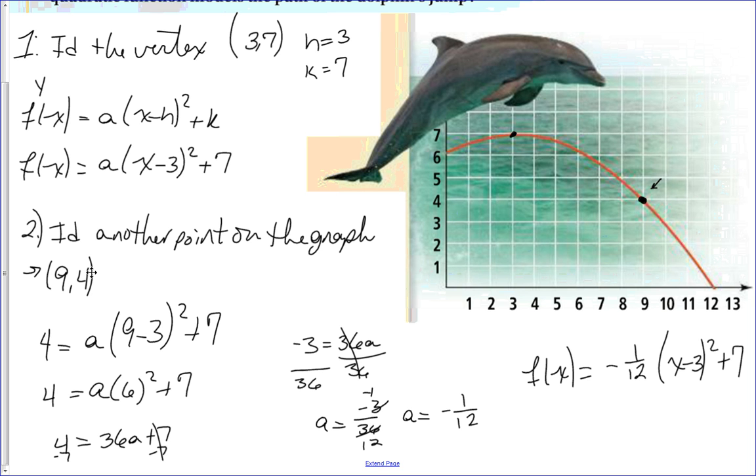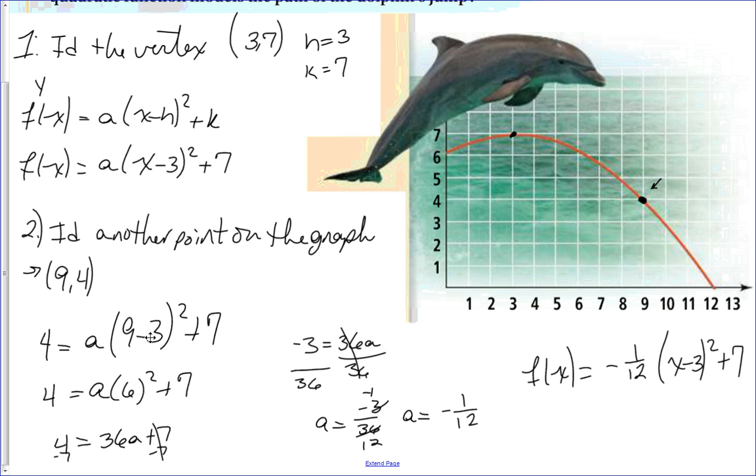So then what we did is, since we have our vertex form, which is f of x equals this, and we have our partial equation, we put in 9 for the x, and then 4 for the f of x or the y. And that's what we did right here. 4 equals a, parentheses, 9 minus 3 squared plus 7, and then we simply solved for a.